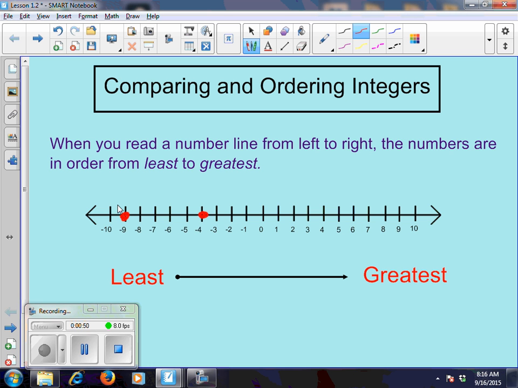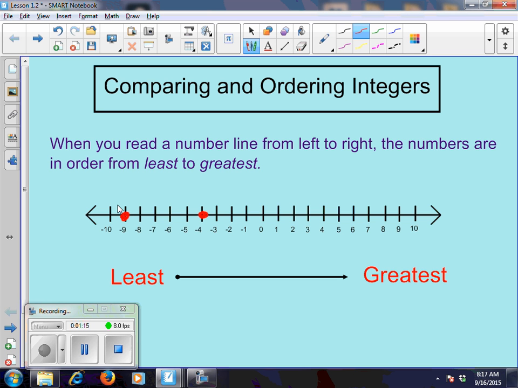But when looking at the number line, we can see that -9 is less than -4 because when we go from left to right, it goes from least to greatest. -4 is also closer to 0, and that's another way to remember that -4 is greater than -9.